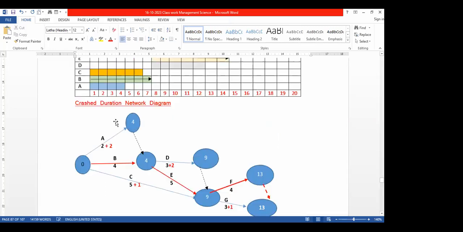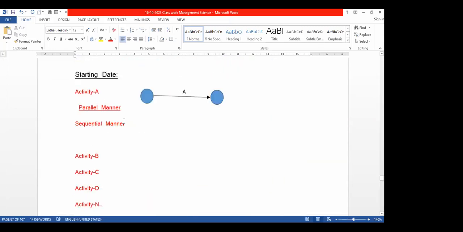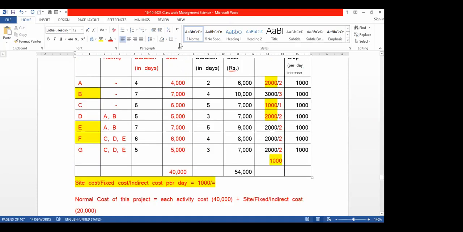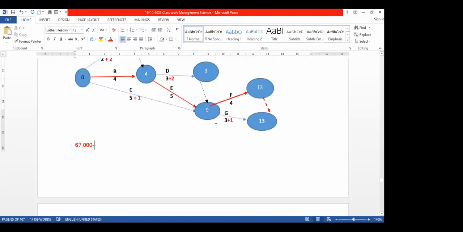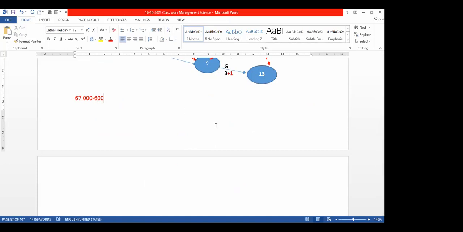This 6,000 you have to reduce because unnecessarily we have reduced the duration and increased the cost. So 6 we have to reduce it. Then if you reduce 6, how much? 61,000 is the crash duration cost.